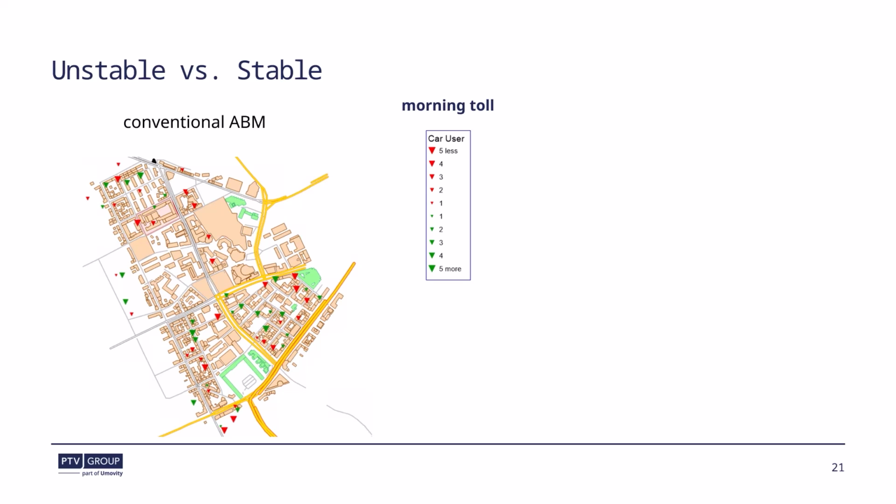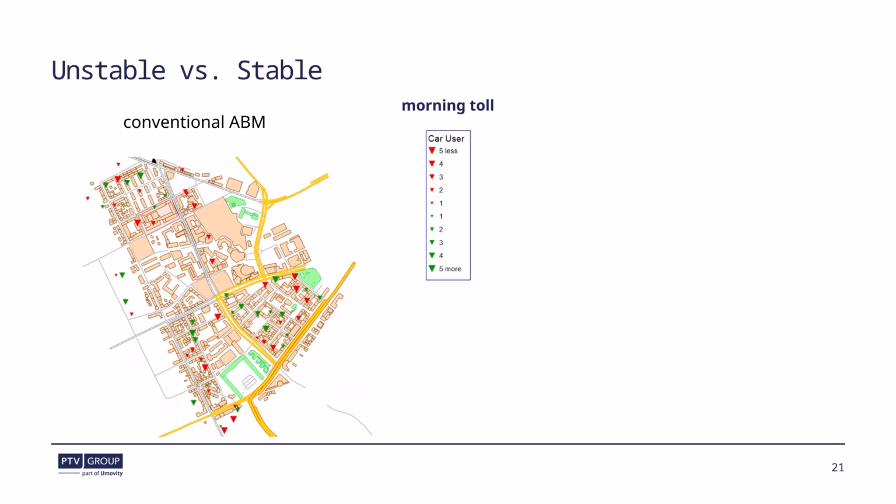So what you see here is the morning toll. So just assume that we introduce a certain toll for car use in the morning only, and then we count the number of more or less car users for each location.